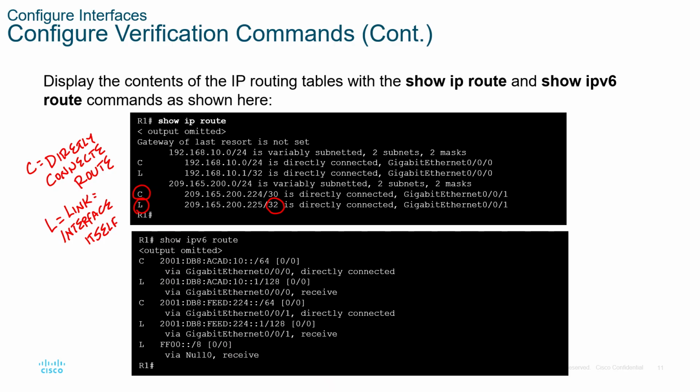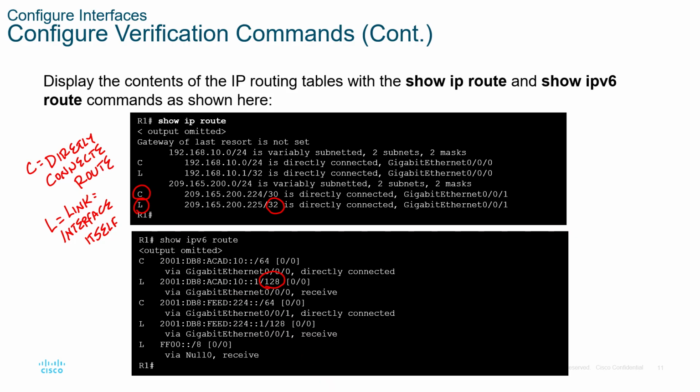In IPv4, we know this. IPv4 is 32 bits. It's always going to show 128 in IPv6 because IPv6 is 128 bits.